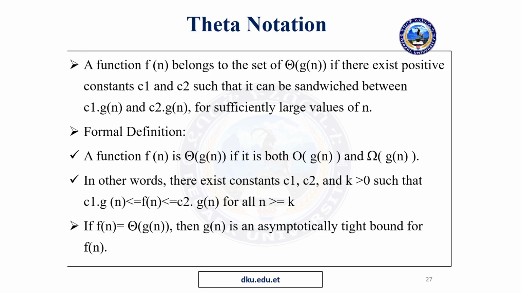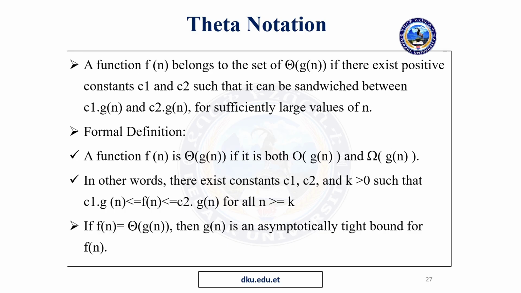In other words, there are constants c1 and c2 as well as k greater than 0, such that c1 g of n less or equal to f of n less or equal to c2 g of n for all n greater than or equal to k. If f of n is equal to theta of g of n, then g of n is an asymptotically tight bound for the function f of n.